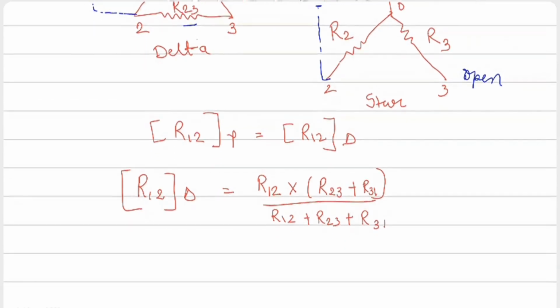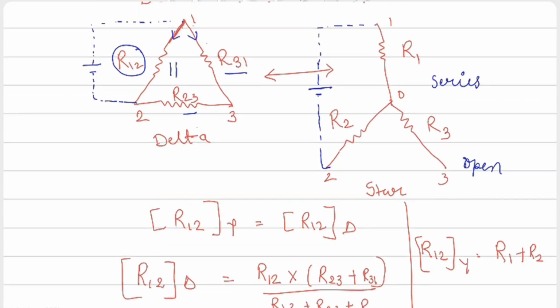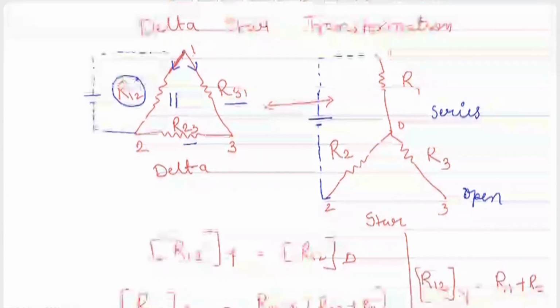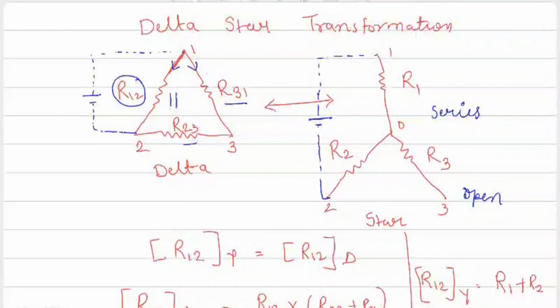Same way for star, the equation for R12 star would be R1 plus R2. Okay, I hope you get how this equation comes.